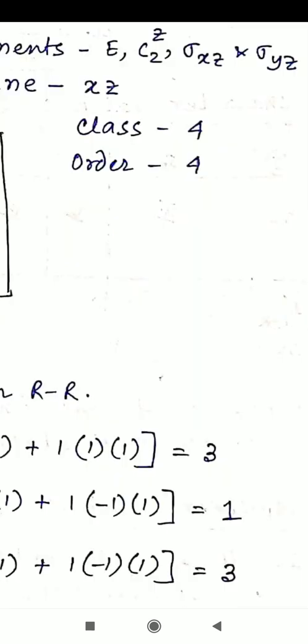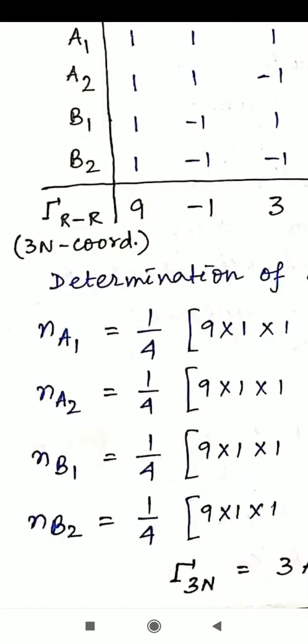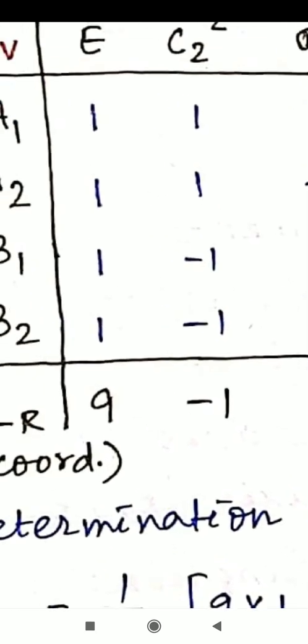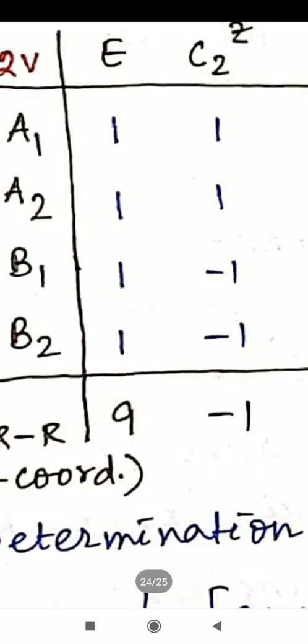Because the order is 4. In case of C2V, the order is 4. So that's why I have written 1 by 4. Then I have given a third bracket. Then I have written the first reducible representation, that is 9 into 1, that is for nA1. The 1 is there, into 1, that is for E.